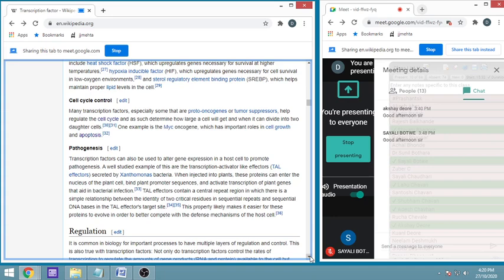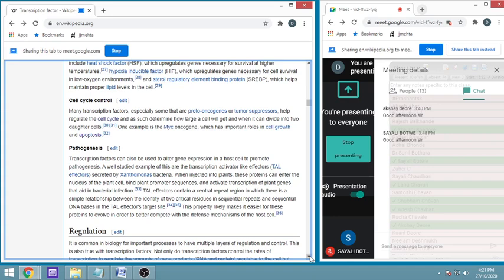Then they are important in the pathogenesis of various diseases. There are many pathogenic conditions because of transcription factors. Examples of these are transcription activator-like effectors. They are secreted by Xanthomonas bacteria. When they are injected into plants, these proteins can enter the nucleus of the plant cells. They will bind the plant promoter sequences and activate the transcription of plant genes, and that will increase the bacterial infection.